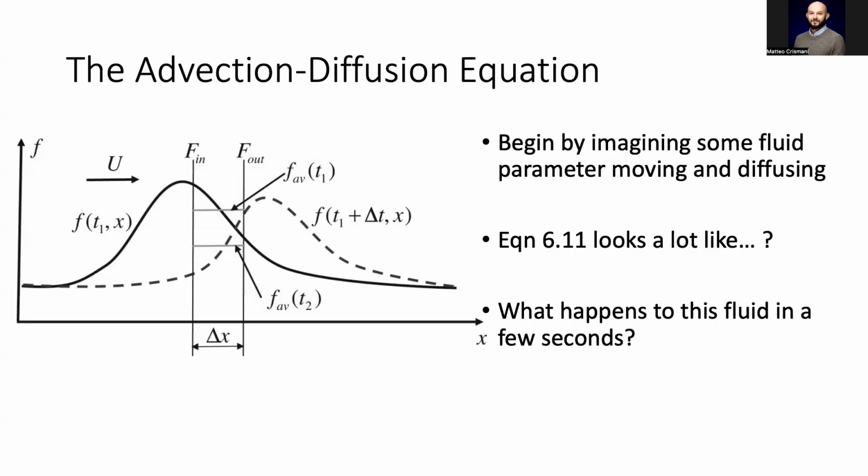You remember that part? So we could say something like f out minus f in is equal to the integral of the derivative of f with respect to x, dx. That's not witchcraft, right? That's just the definition, the fundamental theorem of calculus.